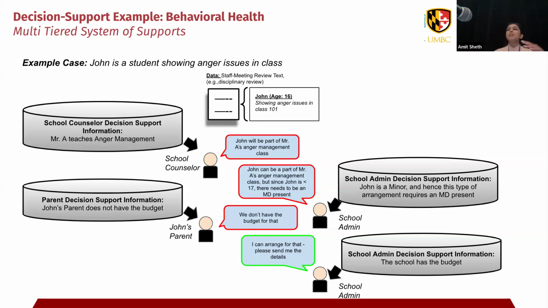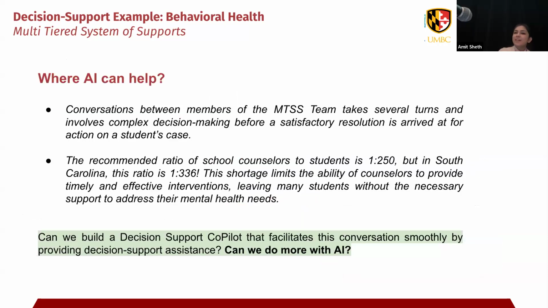Now, this was just a toy example to show what happens for each student, for each case. And you saw that this conversation just took like 4 turns. However, there are more complex cases which take several turns to make the final decision and reach a satisfactory resolution for each student.